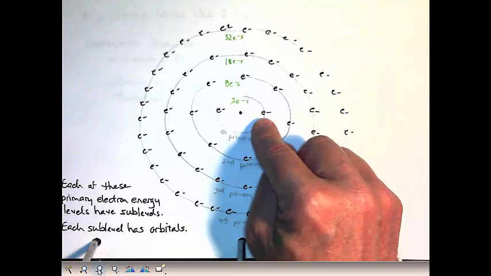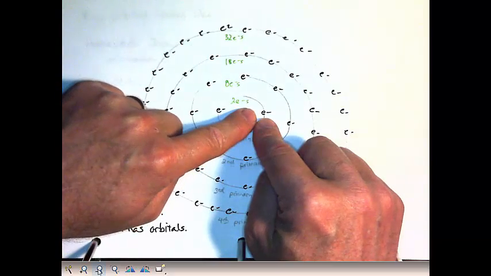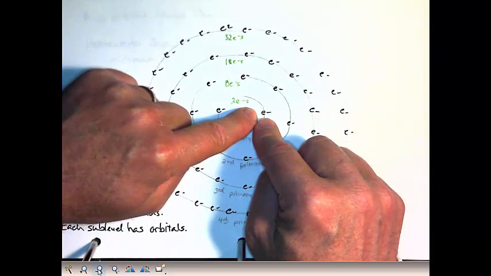That's when we write e negative for the symbol. Like magnets, the north end of a magnet pushes away from the north end of another magnet. Only the south end is attracted to the north end. So these negative charges, as a rule, want to push apart from each other.